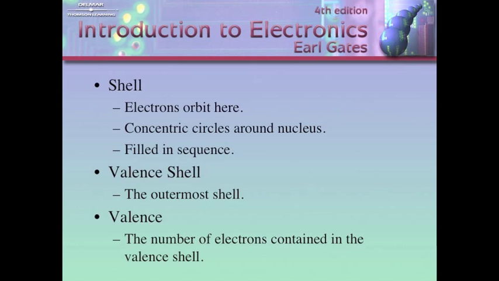The shell is filled in sequence. Meaning, this is almost like, have any of you been to SeaTac Airport, the parking garage? What happens when the first level of the parking garage gets full? You go to the next level. When that level is full, what do you do? You go to the next level.